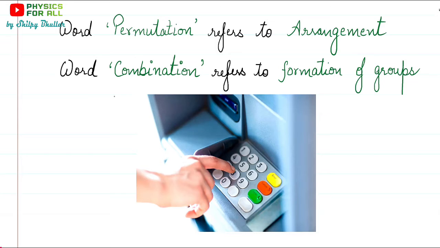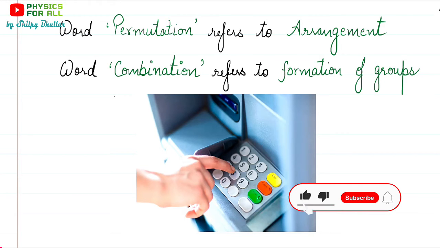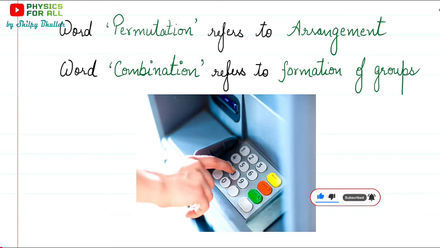Now, as you can see in the picture, the person is inserting the ATM pin, and you know that an ATM pin usually has 4 digits. Suppose a person tells his friend that his ATM pin is a combination of 4 digits, which are 2, 4, 1 and 0.